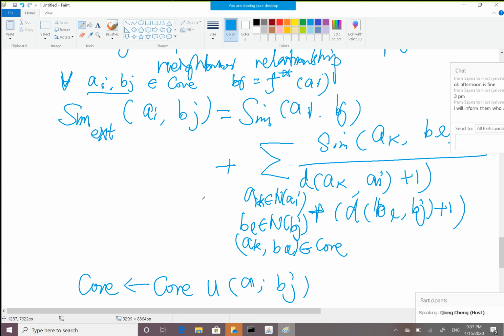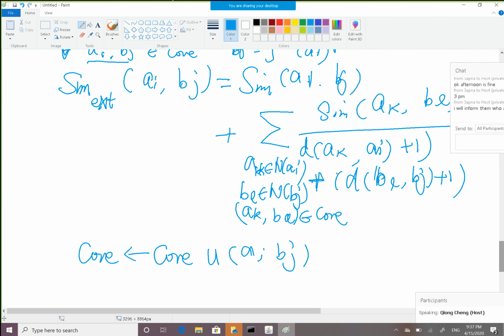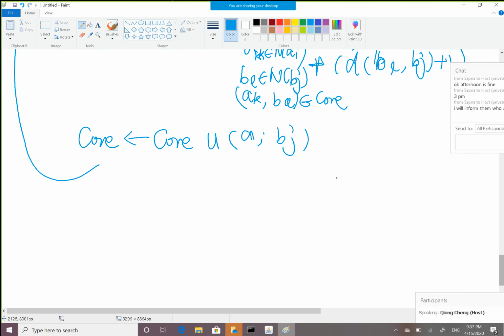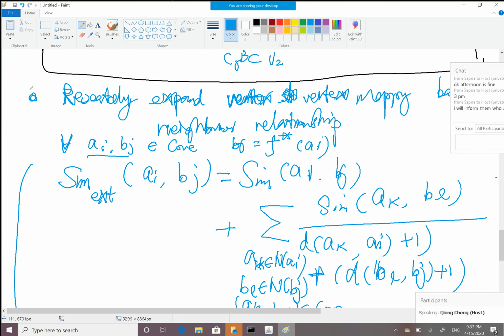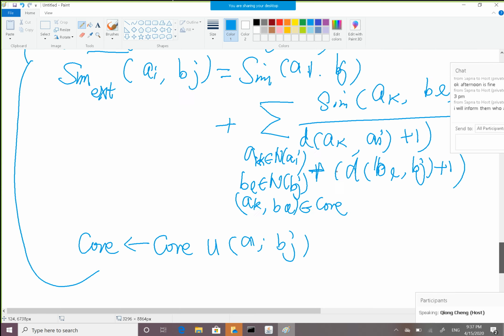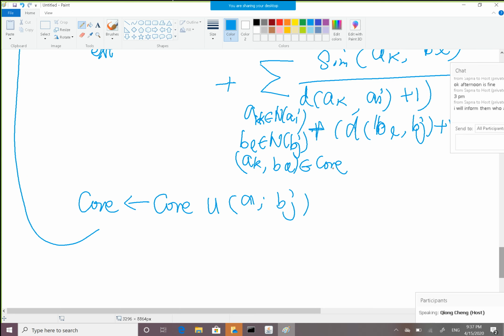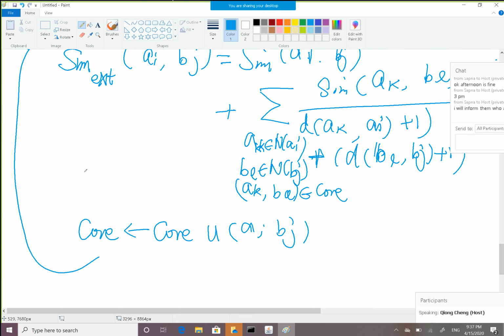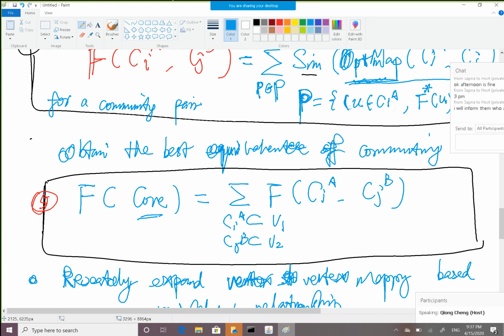So if you find this good mapping based on this score, you change the core, and then you go back to here again, because you need to repeat this step. You repeat this step to expand it out, find the best mapping, until every vertex has been covered, has been included in the core. So this is the last step.